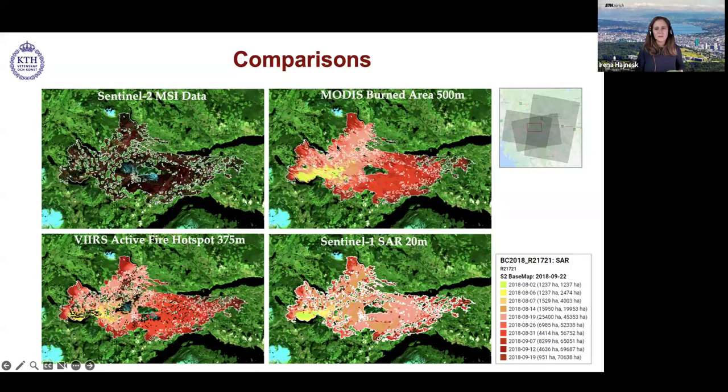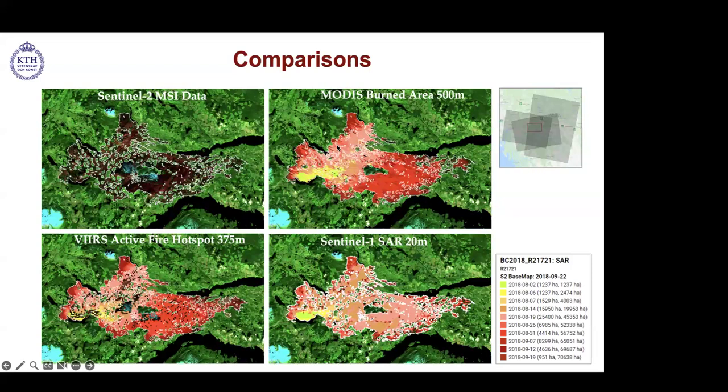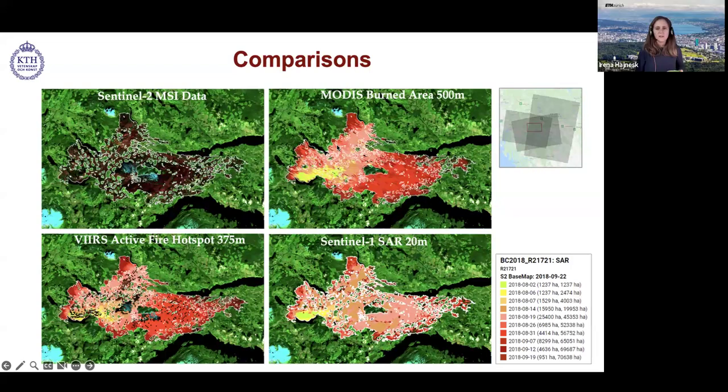I think there was a question already from this person before in the chat, asking about ECOSTRESS data. He attended a conference before, and he's asking if this can also be used for forest fire mapping. Sorry, I'm not actually familiar with that data set. Irina, can you tell me what it is?